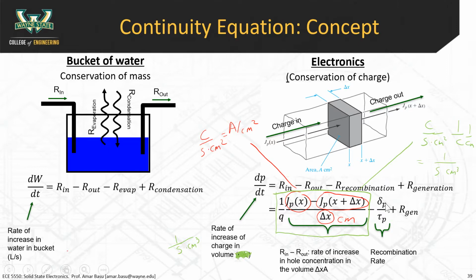So this is the recombination rate. It's the excess hole concentration divided by the hole carrier lifetime. So again, that has the same units, because the excess carrier concentration has units 1 over centimeter cubed, and the carrier lifetime is in seconds.